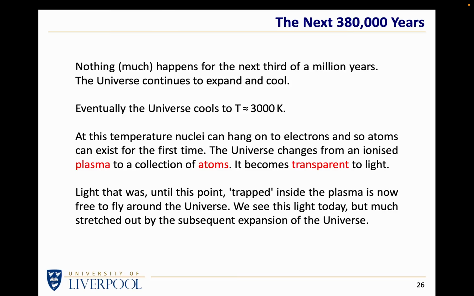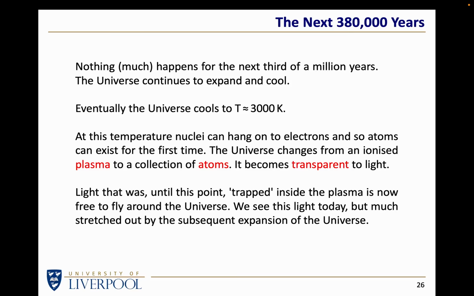At 3,000 Kelvin, the universe would have been essentially white hot. There would be huge amounts of ultraviolet and some visible light. That light we can see today, but bear in mind the universe has been stretched out since this point, 380,000 years after the Big Bang. The universe is now 1,000 times bigger than that.